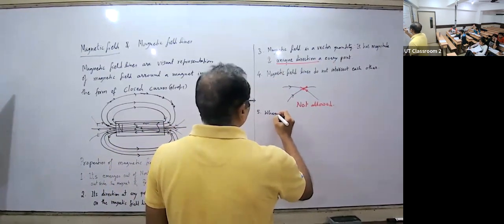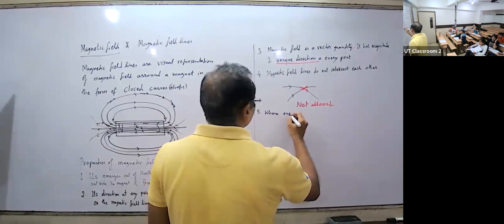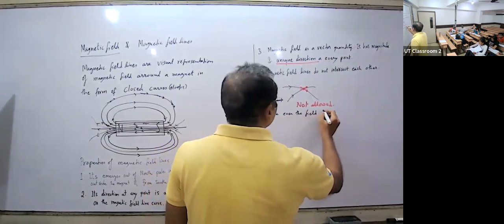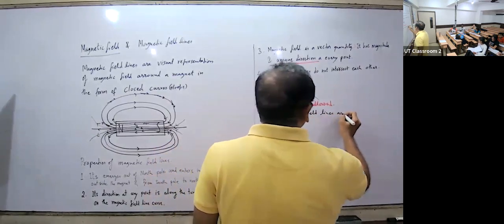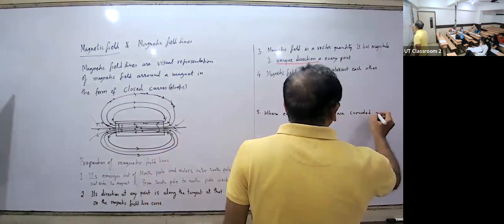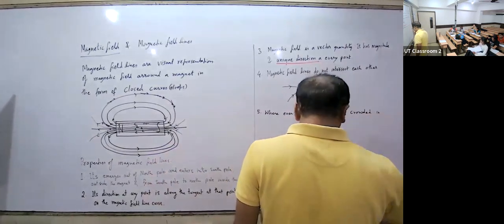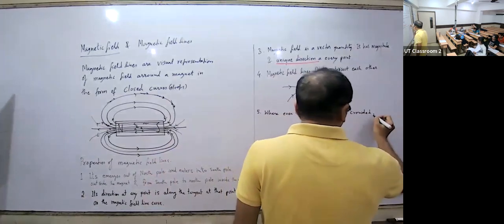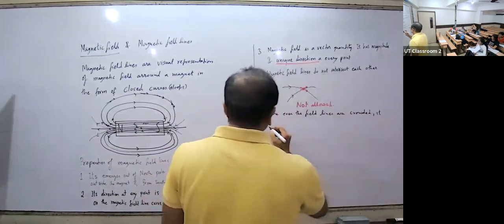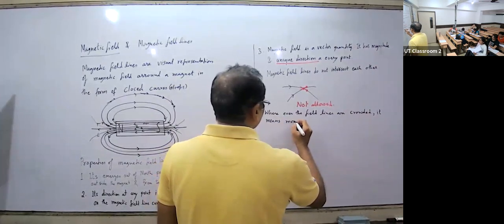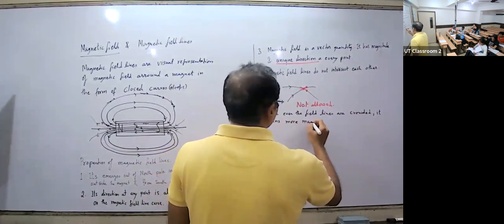Wherever the field lines are crowded, it means more magnetic field strength.